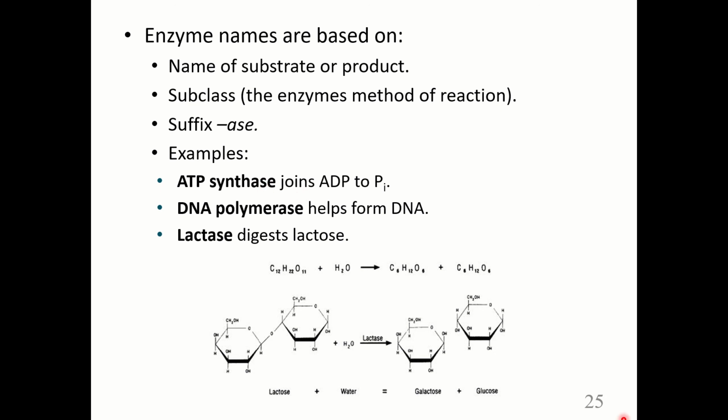DNA polymerase helps to form DNA. Thus, DNA is the product. It's a polymer because it's many nucleotides joined together. So what it's saying in this name is the enzyme, DNA polymerase, builds DNA.